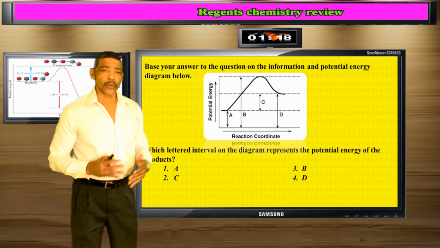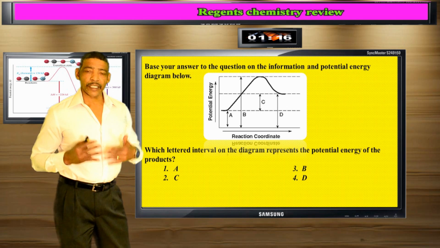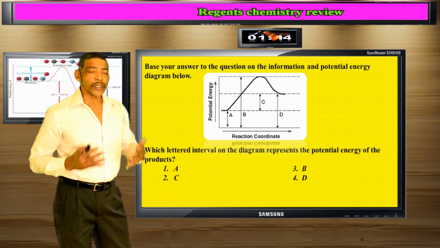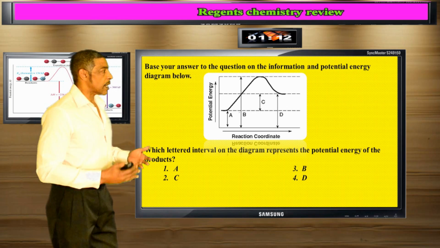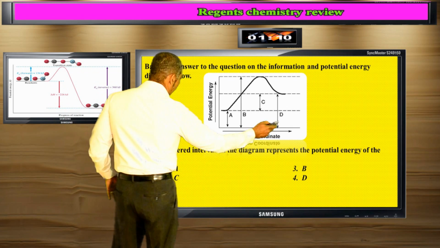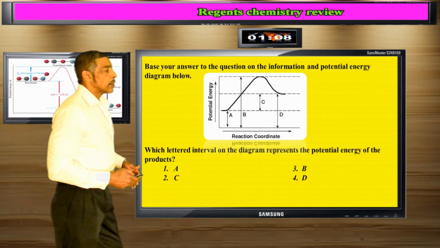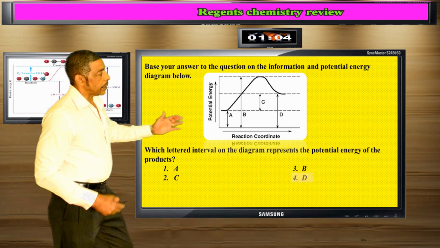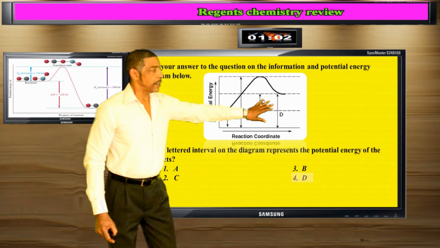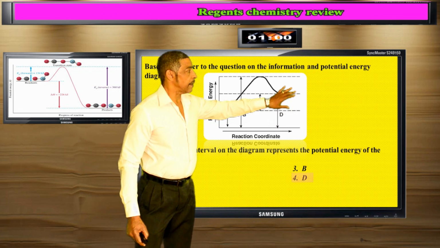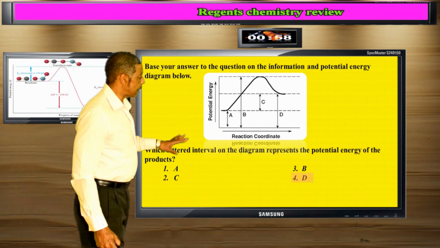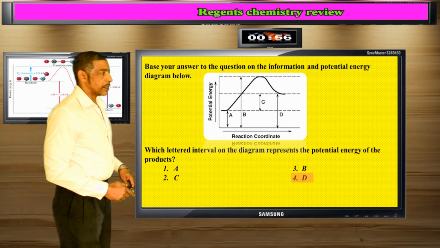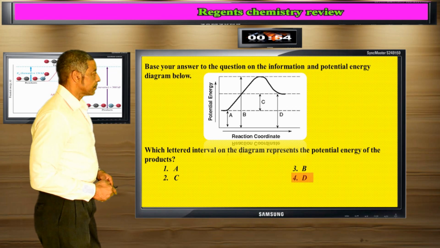And if that is true, from your knowledge of a chemical equation, you know that the products will be at the end of the reaction. So the correct answer to this question is D, where D will represent the potential energy of the products and A will represent the potential energy of the reactants.